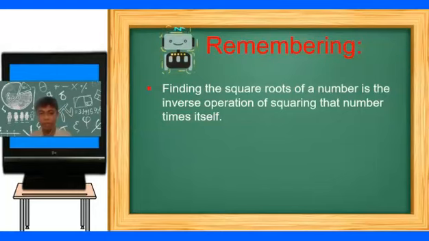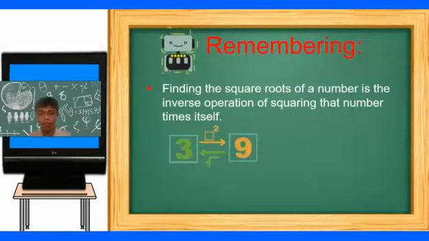So, sa variable naman, let's say, x times x, pwede natin express as x squared. So, yun ang example ng squaring that number or the variable. So, ngayon, ang sabi natin, yung square root daw is the inverse of squaring. So, just like this, 3 squared is equal to 9. So, 3 times 3 is equal to 9.